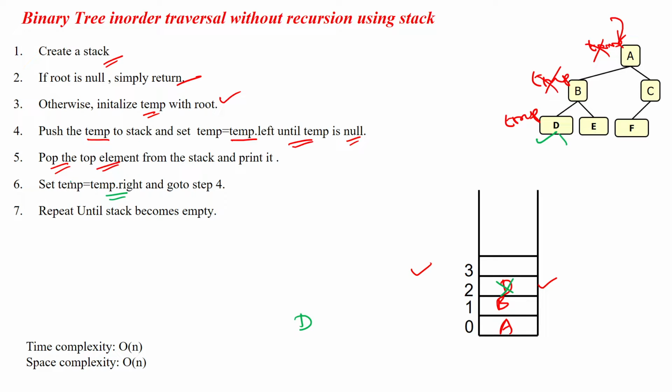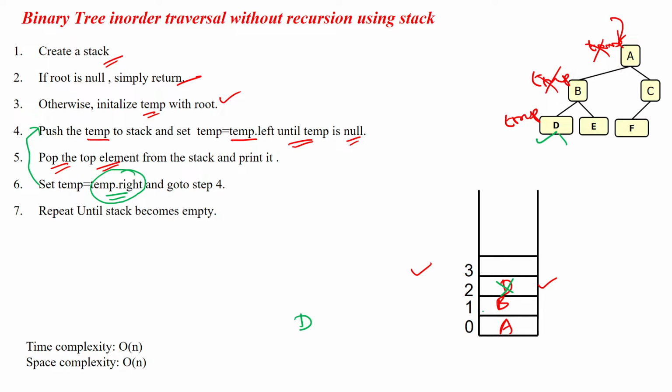So once it is null, then we have to go back, and so here the temporary becomes null. We have to go back and we have to set the temporary dot right. So here b is the next element.